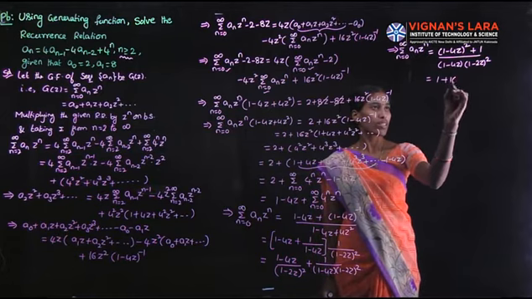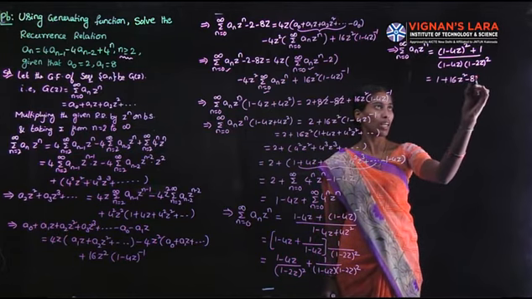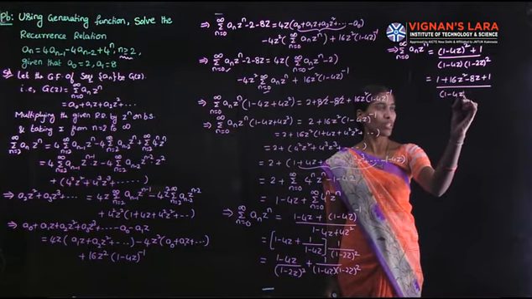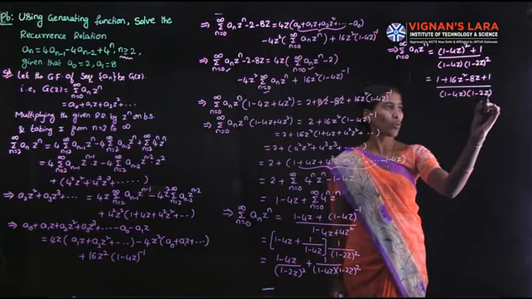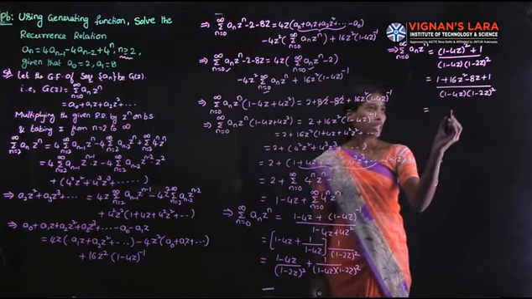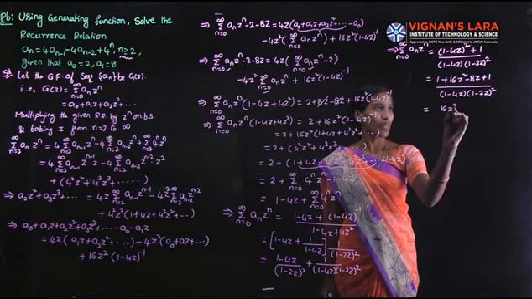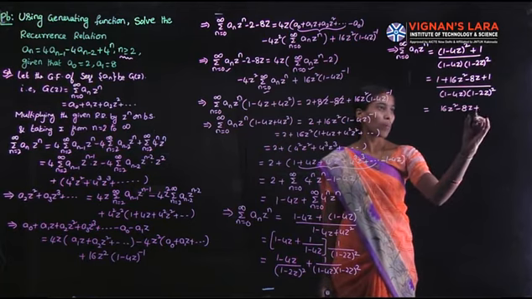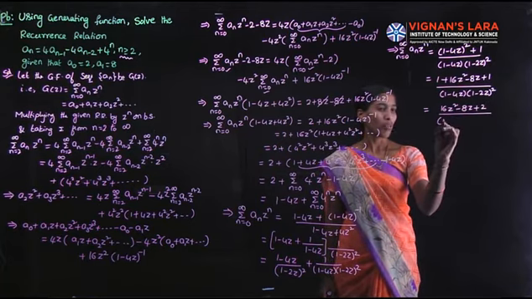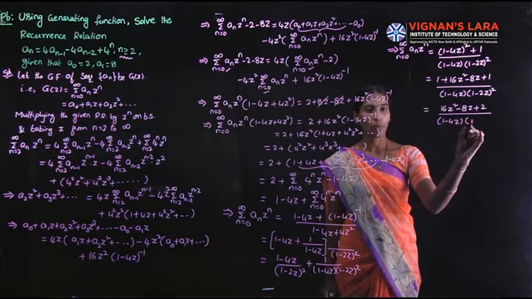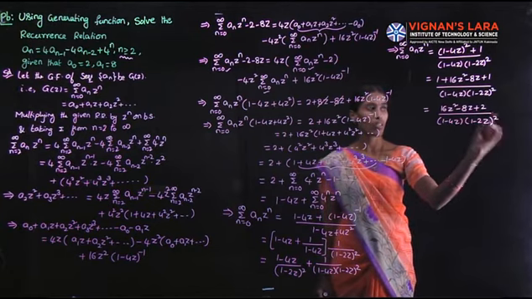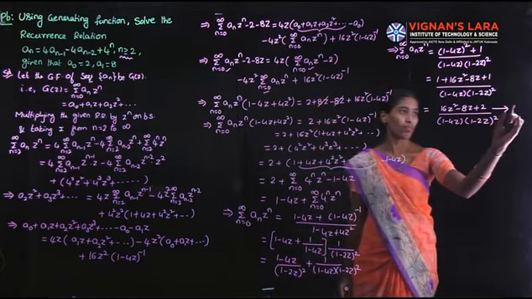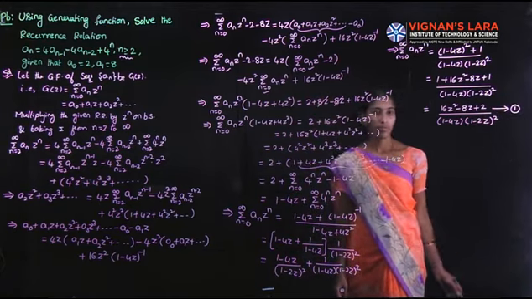This gives 1 plus 16z^2 minus 8z plus 1 by (1 minus 4z) into (1 minus 2z) whole square. It is 16z^2 minus 8z plus 2 by (1 minus 4z) into (1 minus 2z) whole square. Let it be equation 1.